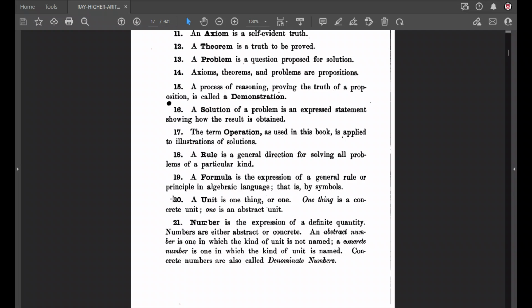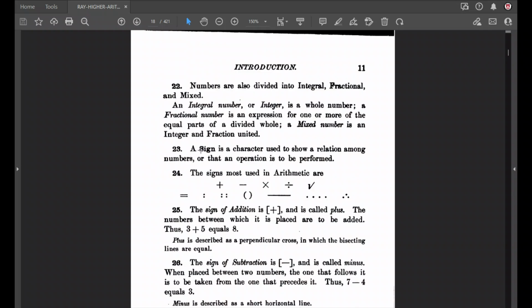Okay, that's Article 21. We're going to continue with Article 22 and then stop. So this is going to be the last article we cover. Numbers are divided into 3 different kinds: integral, fractional, and mixed.